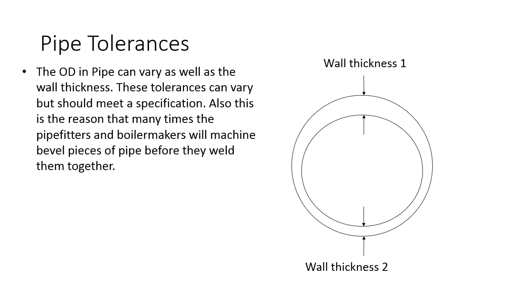And if you're going into the boilermaker or pipe fitter trade, you're going to run into these issues with different pipe sizes. Depending on which pipe mill you got it from, it's like buying cars. Some cars are better than others. Some pipe mills produce substandard pipe or dirty steel or whatever. So there's a lot of issues you can run into in regards to pipe tolerances.